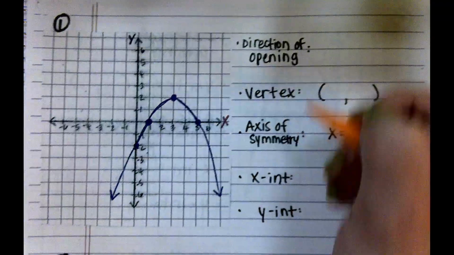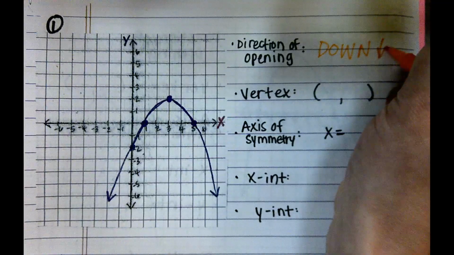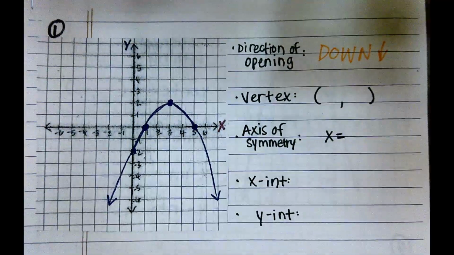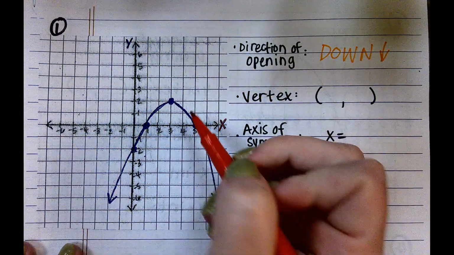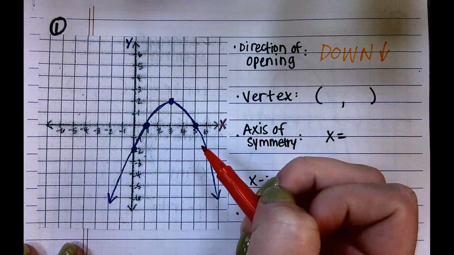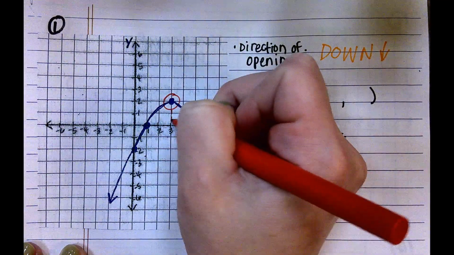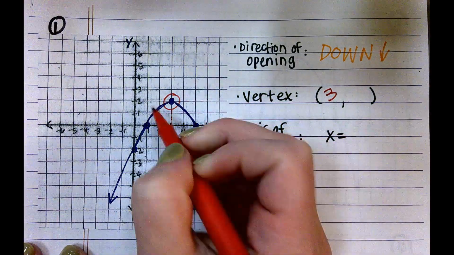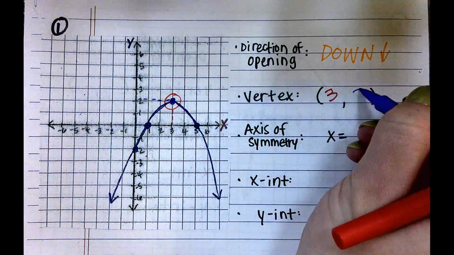So starting with the direction of opening, what direction does number 1 open? Down. Good. Now my vertex. Where is my vertex? 3, 2. Good. 3 is where it lines up with the x-axis. 2 is where it lines up with the y.